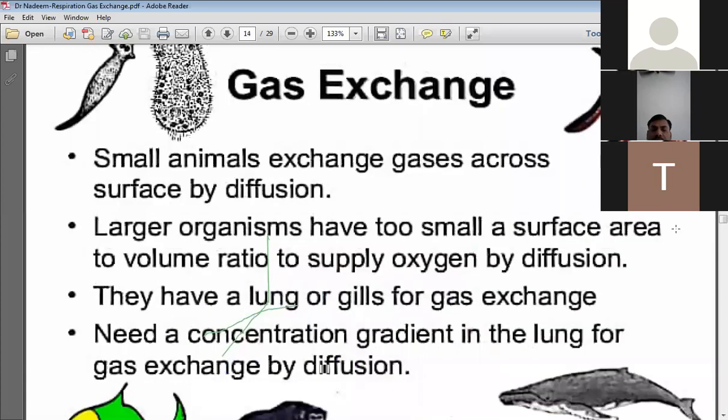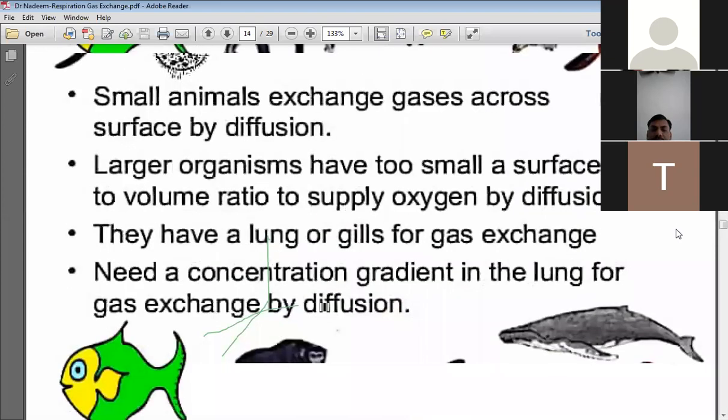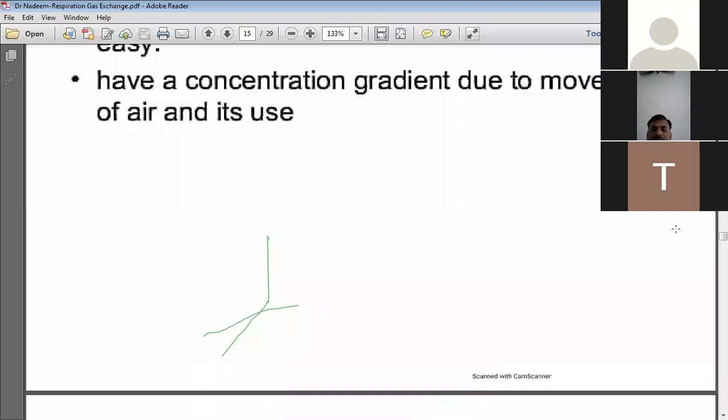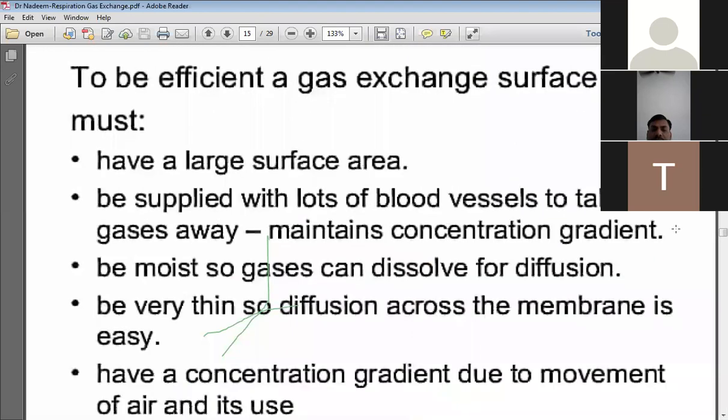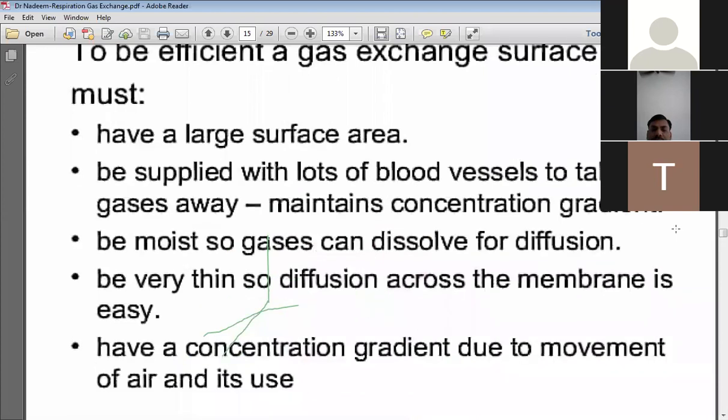Different types of animals have different types of gas exchange surface. Some of the animals have lungs, some have gills. The properties of these surfaces: they have a large surface area, and they are supplied with lots of blood vessels to take gases away in order to maintain the concentration gradient.